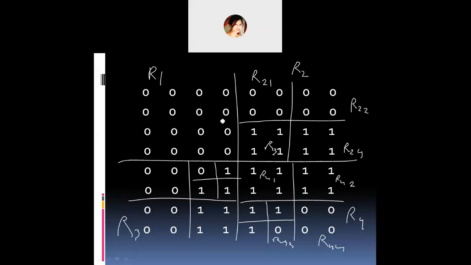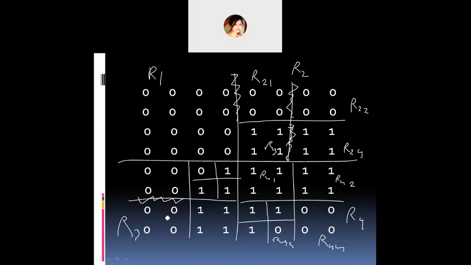Now what we see here is a similar region, of similar nodes. Check with R21: this is similar, so you can merge this region. Now this is also similar with this, so you can merge this region, but this is not similar with this, so leave it. These two are similar, so you can merge this region.